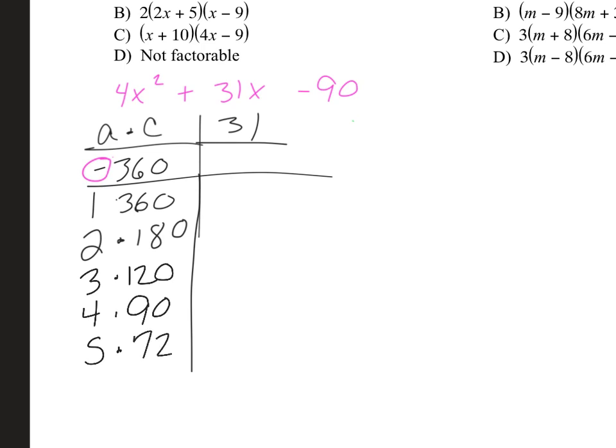Is that right? 5 and 72, yeah. Oh, good job. Okay, is that going to get us 31? No. And then 6 and 60. Man, this one sucks. All right.